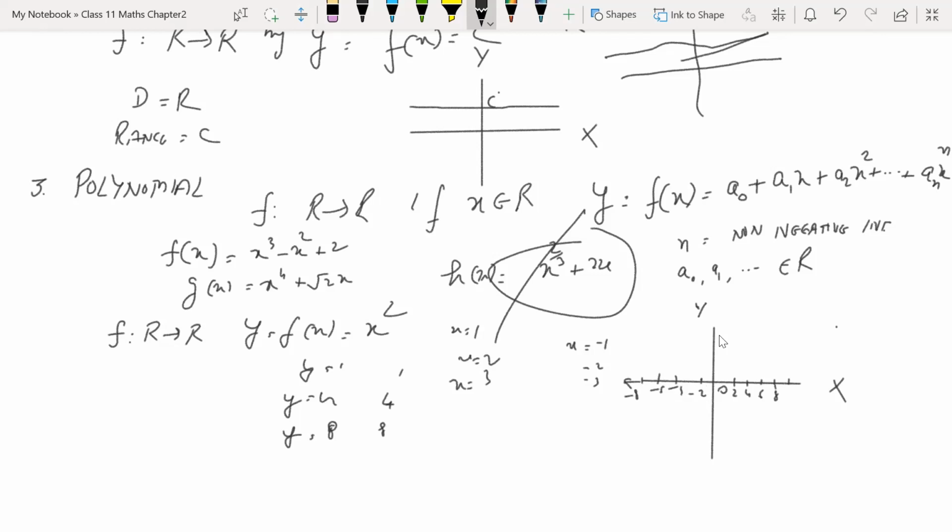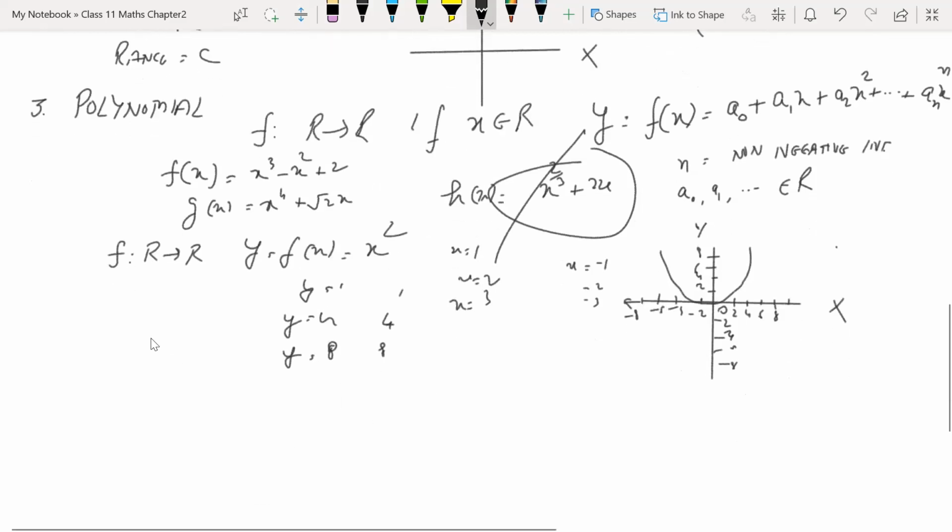This is the x negative value. These are the x positive values. Y positive values 2, 4, 6, 8. So for each and every x, minus 2, minus 4, minus 6, minus 8, the graph for the polynomial can be, these are for the positive values and this is for the negative values. This is the parabolic form.